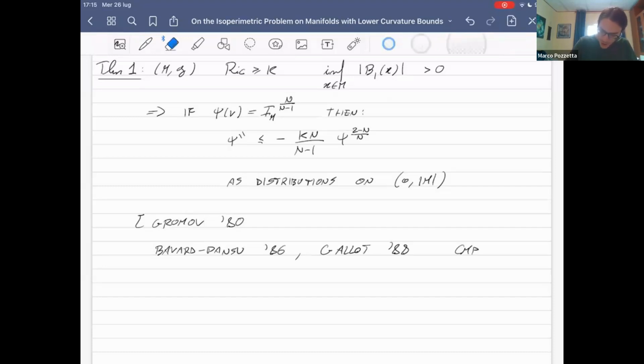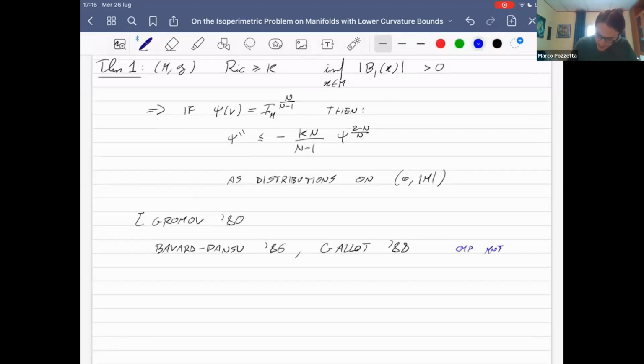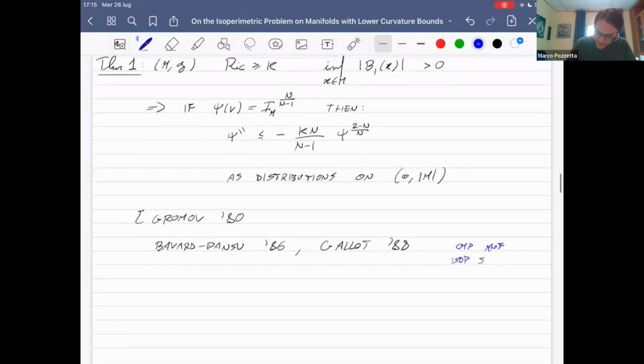On compact manifolds, and assuming that isoperimetric sets are smooth. When I say smooth, I mean that the boundary is a smooth, compact submanifold. Then another proof was given by Bayle in his PhD thesis in 2003, actually.